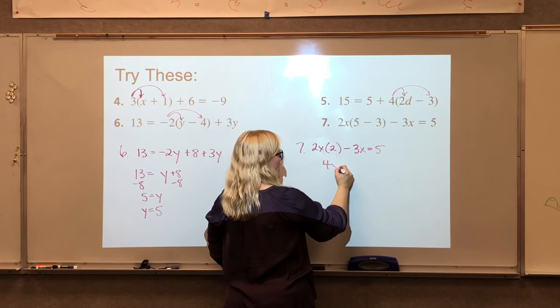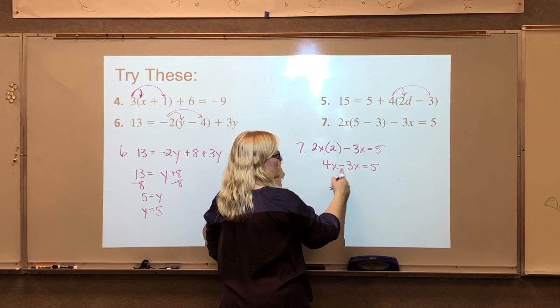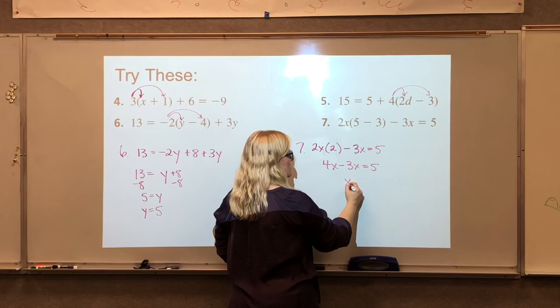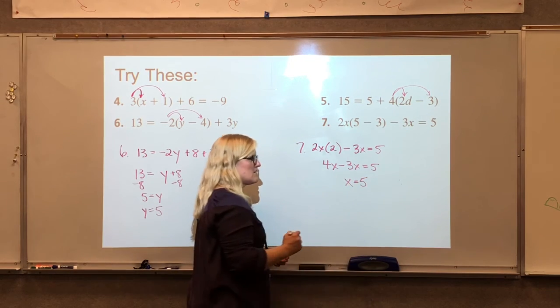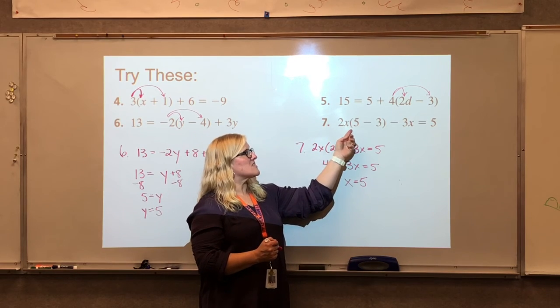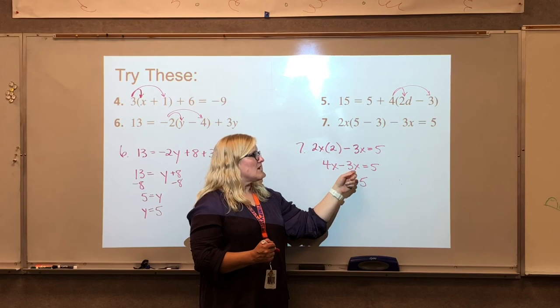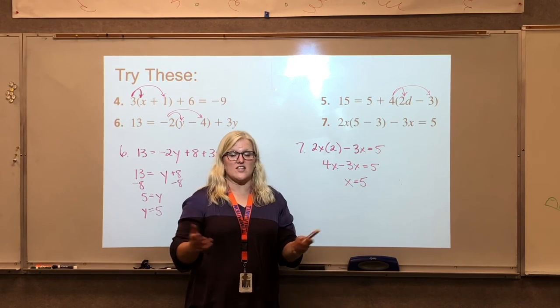So this is 4x minus 3x equals 5. And 4x minus 3x is just x. So x equals 5. All right, if you distributed it, if you did 10x minus 6x, you're still going to get 4x. So that's fine too if you distribute it.